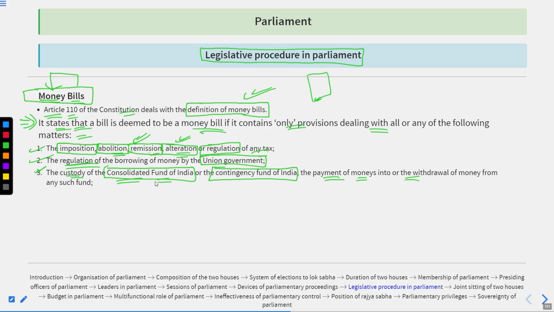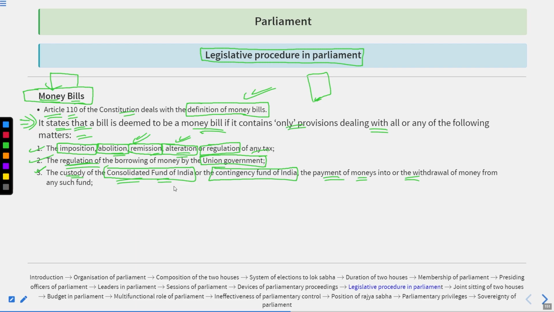It means that the Consolidated Fund of India, let me tell you very straightforward, is like a bank account of the government. Like suppose you have your bank account in any bank like XYZ bank. Whenever you borrow the money, your account will be considered for your EMI and all.